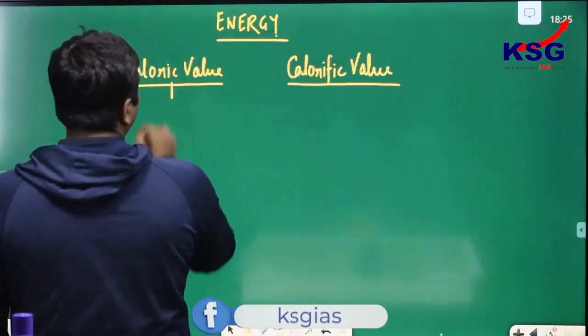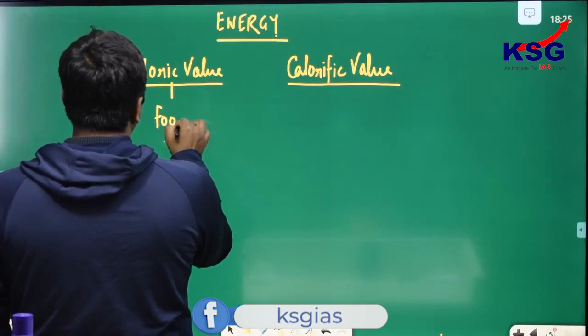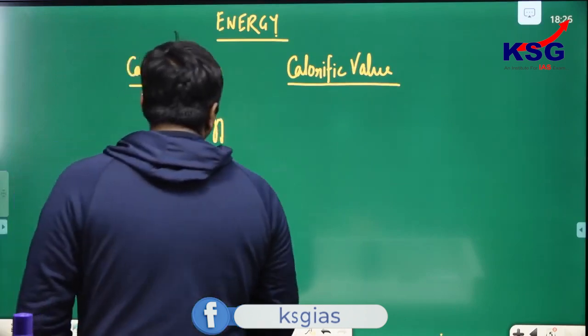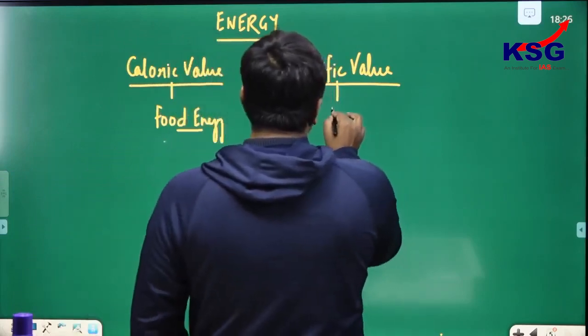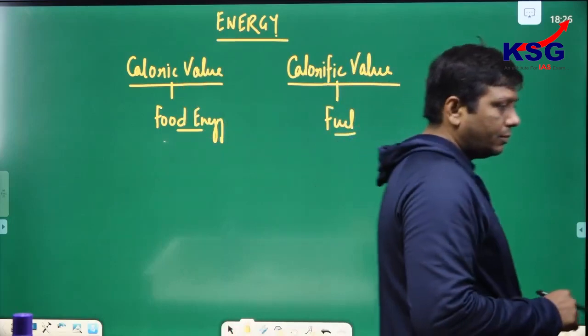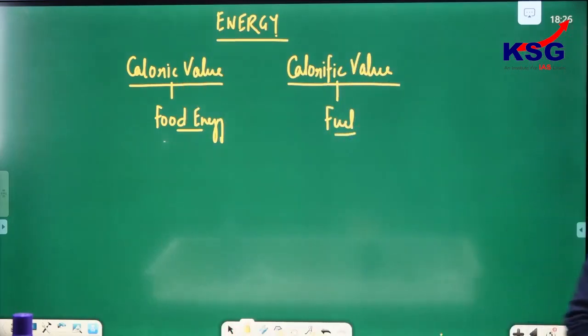Caloric value is actually used for food energy, and calorific value is actually used for fuel energy.